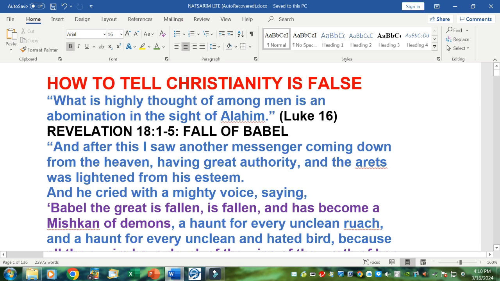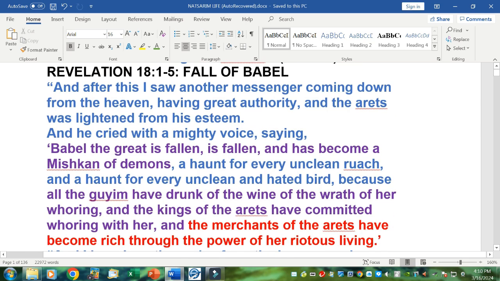That means a dwelling place of demons. A haunt for every unclean ruach, and a haunt for every unclean and hated bird. Because all the Guim, that's the nations, the Gentiles, have drunk of the wine of the wrath of her whoring, and the kings of the Eretz have committed whoring with her.